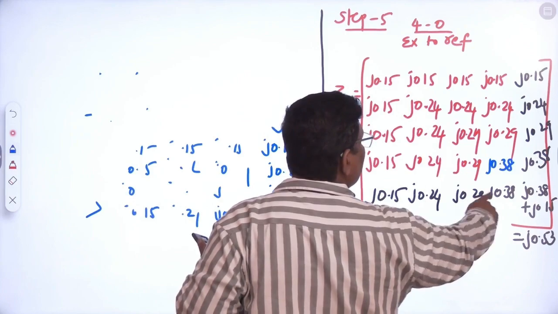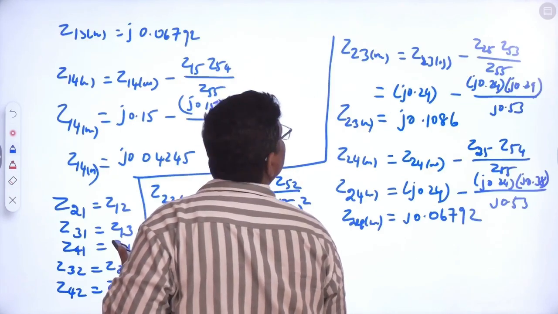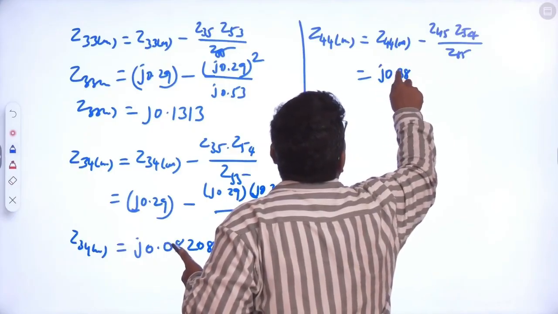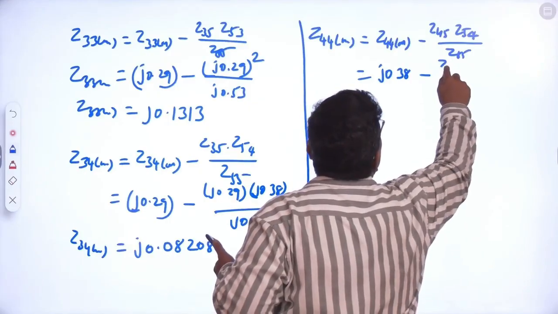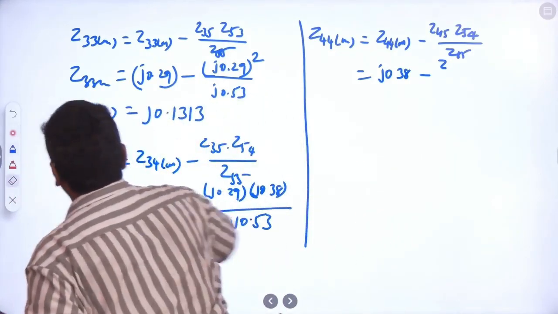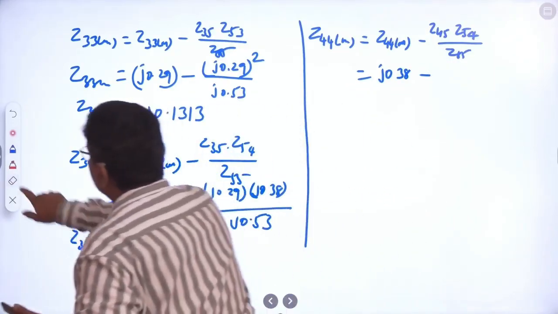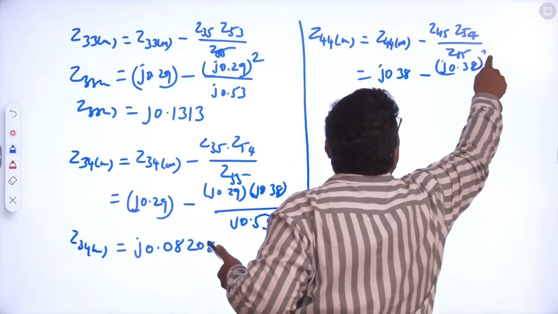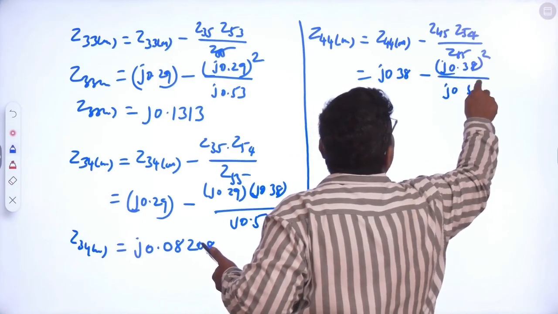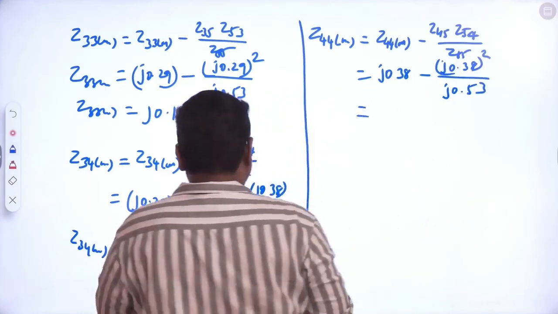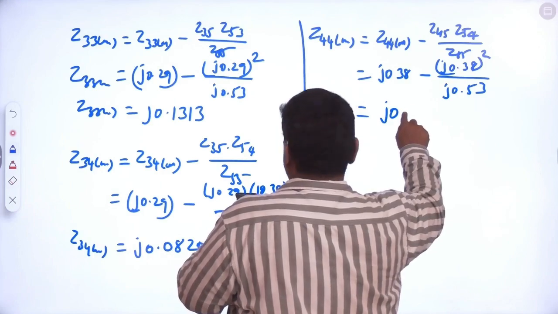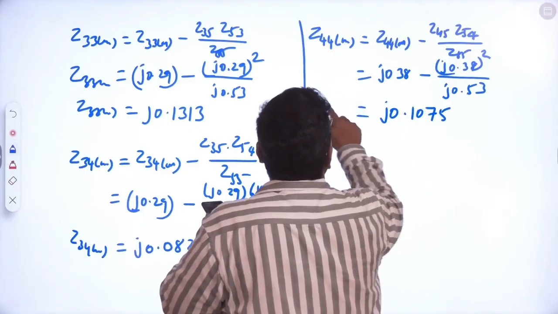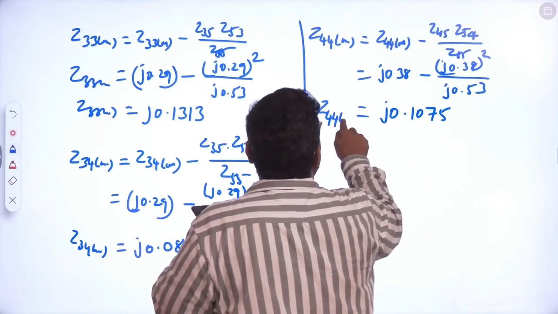Z54 also 0.38. So Z44 is 0.38 minus 0.38 square divided by 0.53. So this is the final answer, j0.1075. Okay, so this is Z44 new.